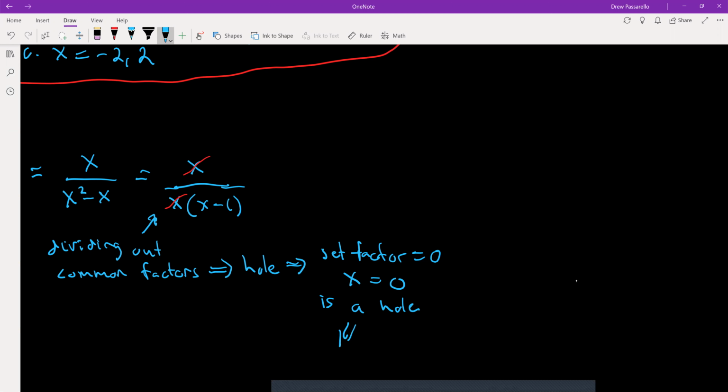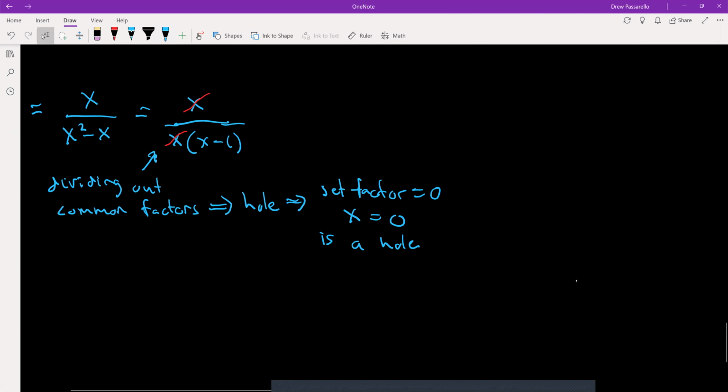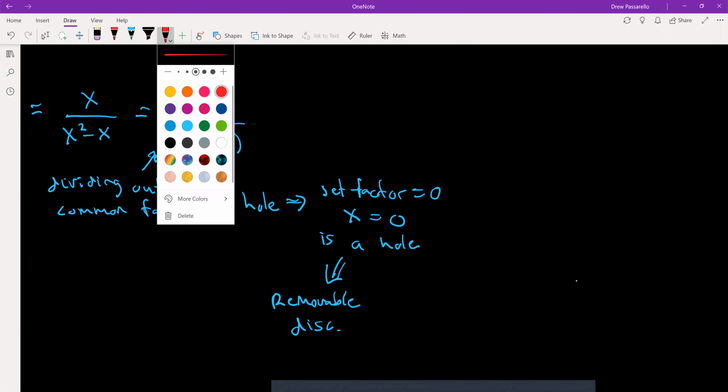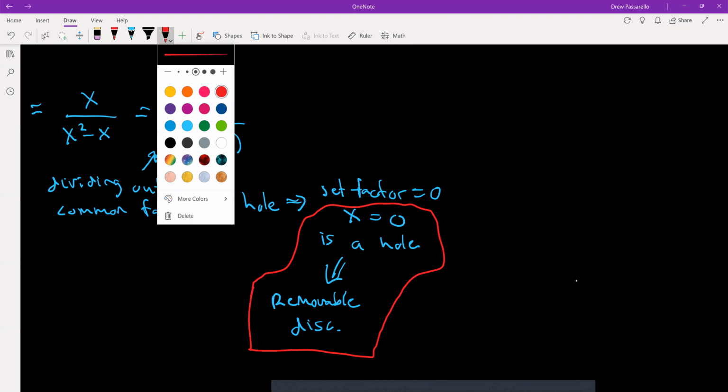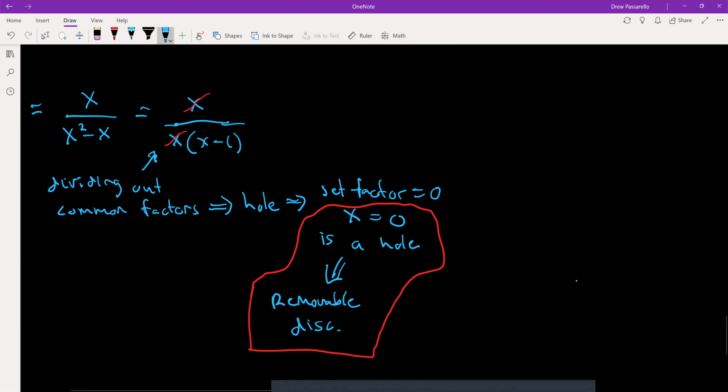Generally, unless it's a piecewise function, a hole means there's a removable discontinuity. So just from that little bit, I can determine removable discontinuity at x equals 0 because there's a hole due to the cancellation of common factors from numerator and denominator.